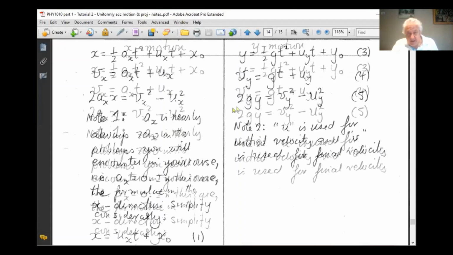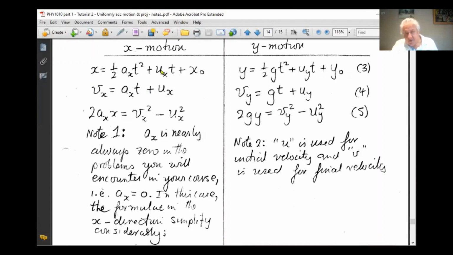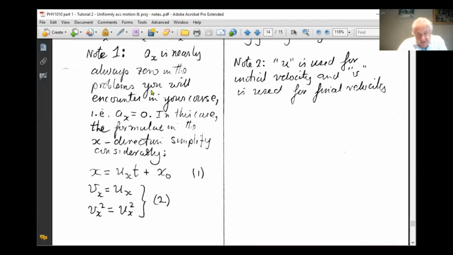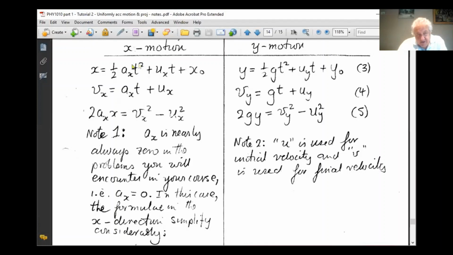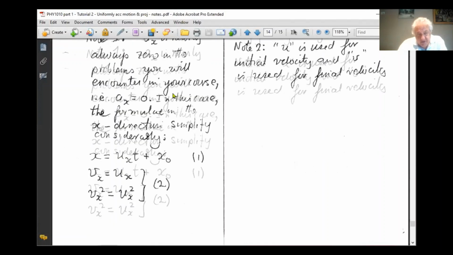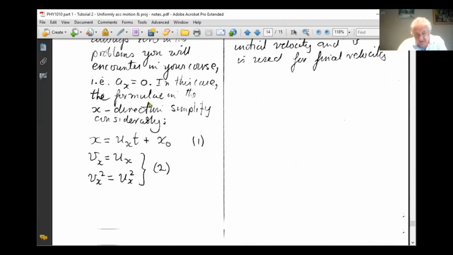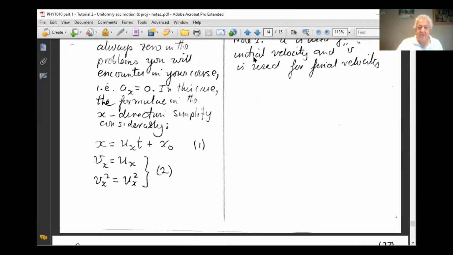Now, when I'm doing projectiles, I tend to use u for my initial velocities and v for my final velocities. So, in the case of the acceleration formulas for the x motion, they actually simplify because the acceleration ax is equal to 0. So let me do that on the whiteboard for you.